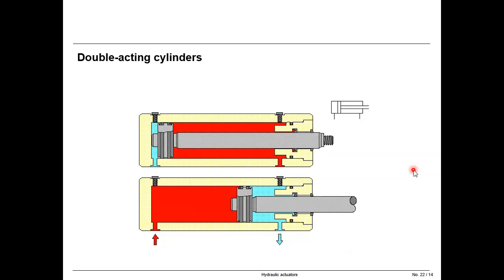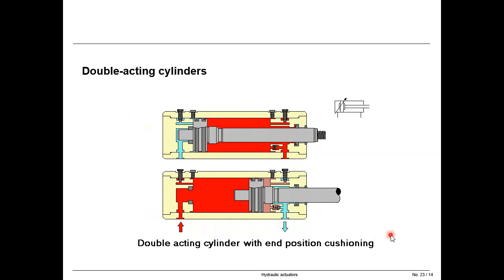So the double acting linear actuator, as you see here in the picture, can do the work in both directions. That means in the advance stroke and the return stroke. Therefore, like in pneumatics, in both directions we use hydraulic energy to drive the piston and the piston rod connected to the piston.